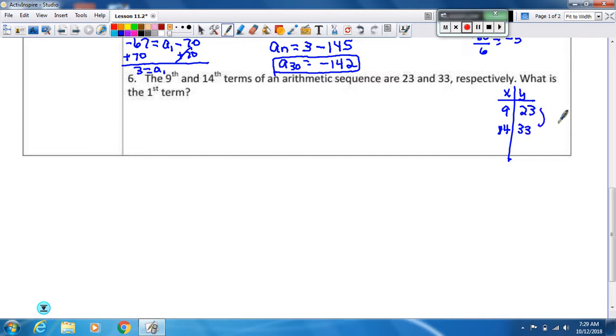Okay, from 23 to 33 is up 10. And from 9 to 14 is up 5. And 10 divided by 5 is 2. The common difference is 2. So D equals 2.